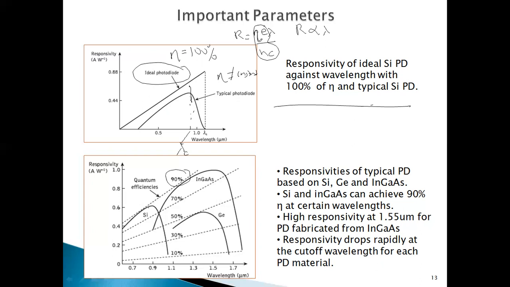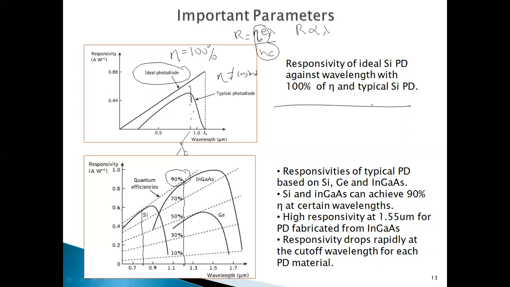So it is possible for indium gallium arsenide and silicon-based photodiodes to achieve a very high 90% quantum efficiency at certain wavelengths only. For instance, for silicon, it can be achieved at a wavelength around 0.8, whereas for indium gallium arsenide, 90% quantum efficiency can be achieved at about 1.2 micrometer.